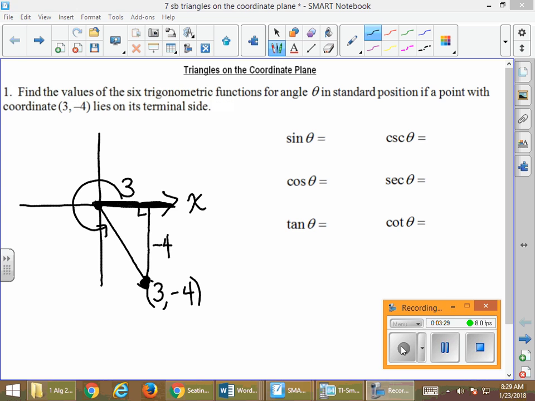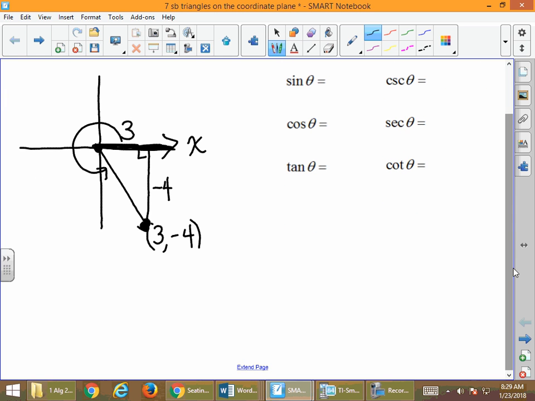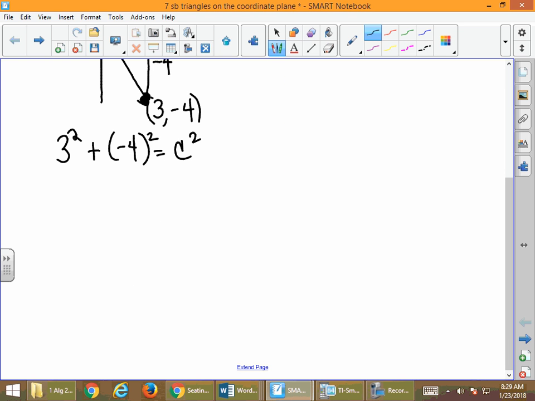If we want to know what the side length is, and actually it's the hypotenuse, we're going to say 3 squared plus -4 squared equals, I'll call it c squared because it's the hypotenuse. And when we do that, we get 9 plus 16, c squared. And 9 plus 16 is 25 equals c squared.